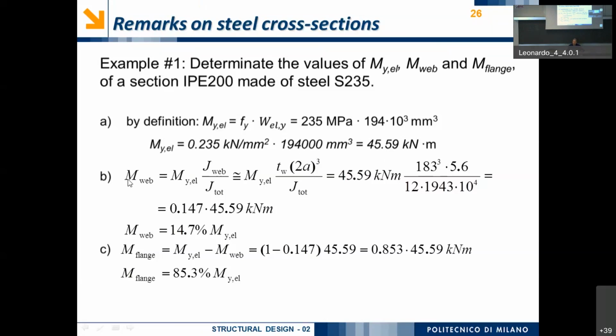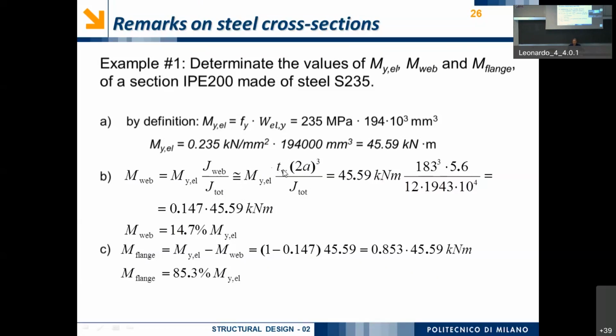Now, if I want to evaluate the moment in the web, the moment in the web will be equal to the value I have evaluated of the yielding bending moment times the ratio between I web and I tot. The value of the yielding bending moment is 45.59 kilonewton meter.